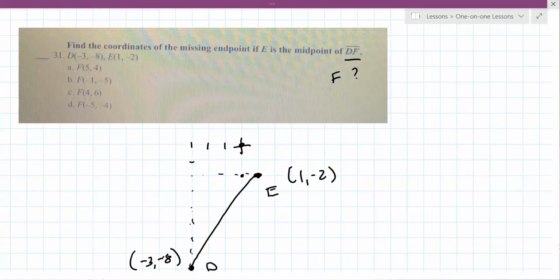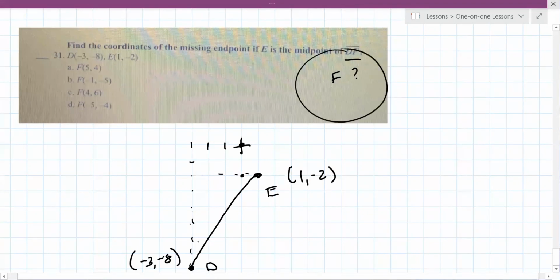I had plotted points D and E. I was trying to explain that F is somewhere in this sort of region.